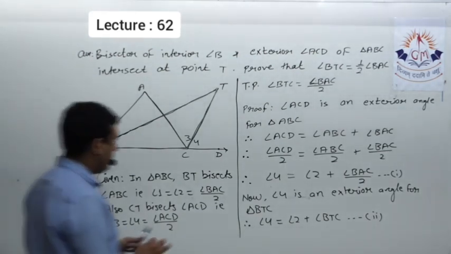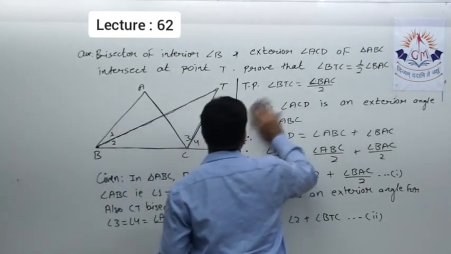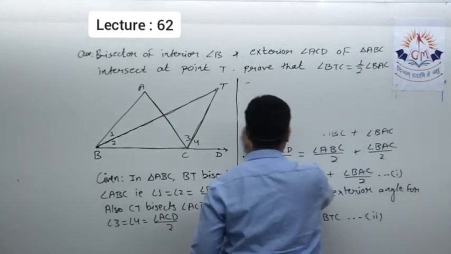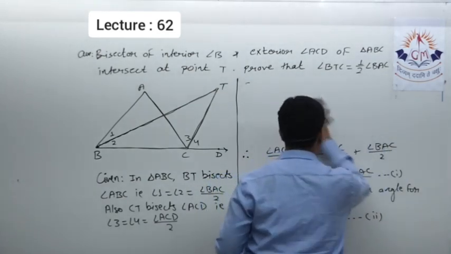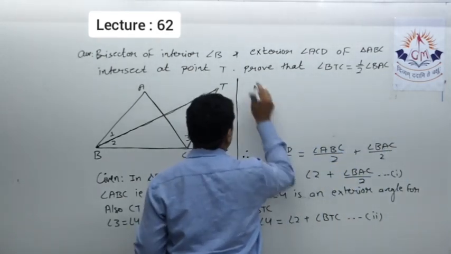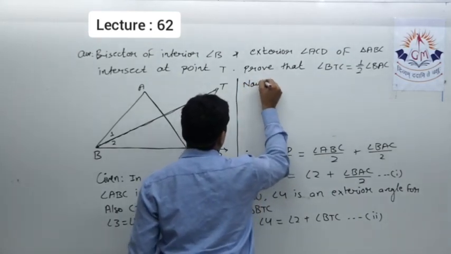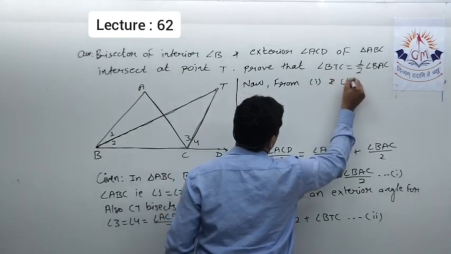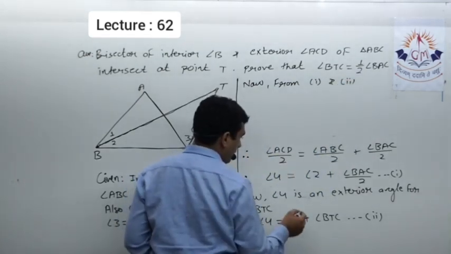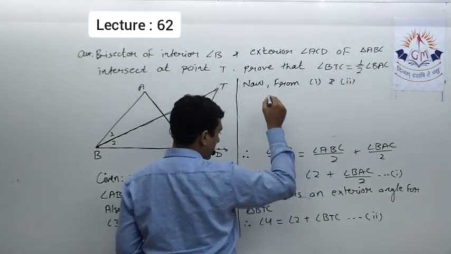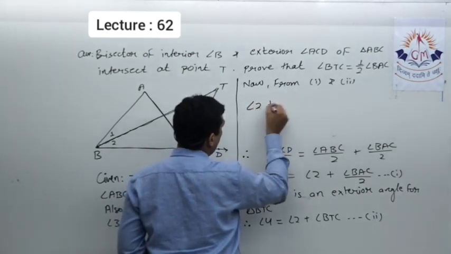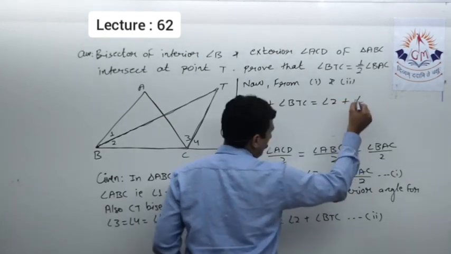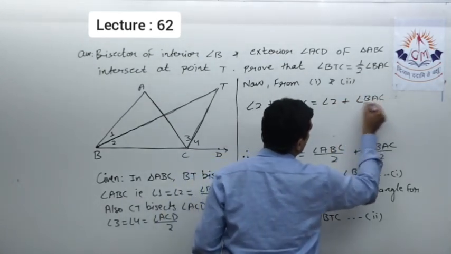Okay, so now from equation 1 and 2, I can say angle 2 plus angle BTC is equal to angle 2 plus angle BAC by 2.